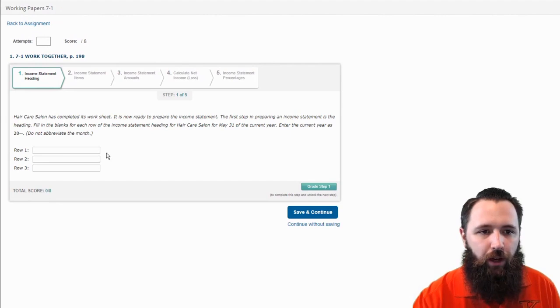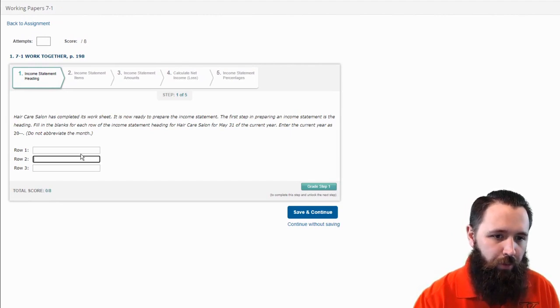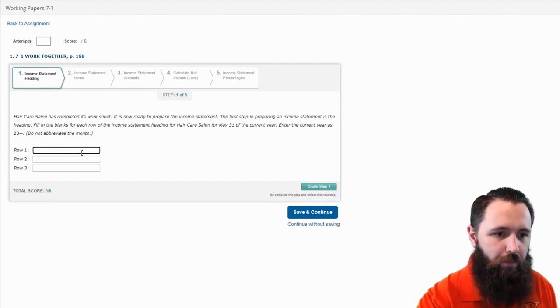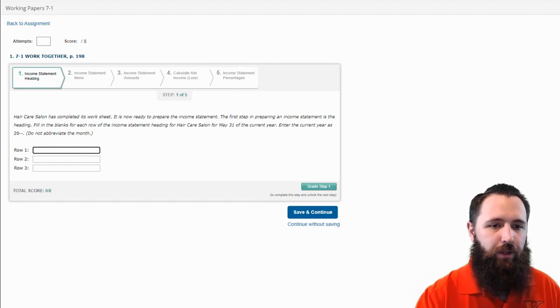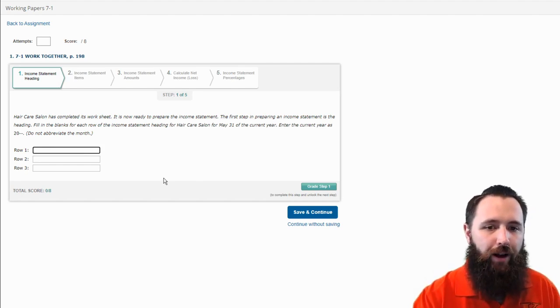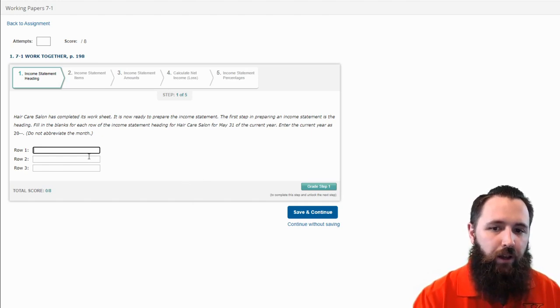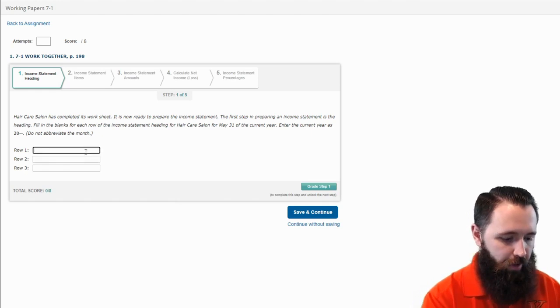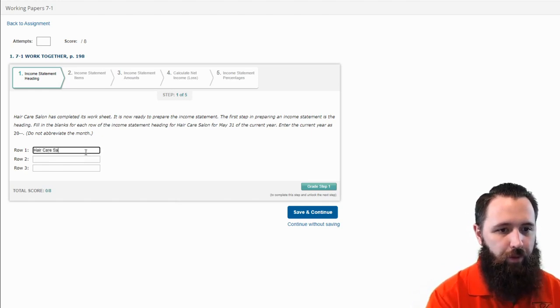Okay. Income statement heading. Remember, there's 3 parts to the heading. Hair Care Salon has completed its worksheet. It is now ready to prepare the income statement. The first step in preparing an income statement is the heading. Fill in the blanks for each row of the income statement heading. Enter the current year as 20--. So we have Hair Care Salon.